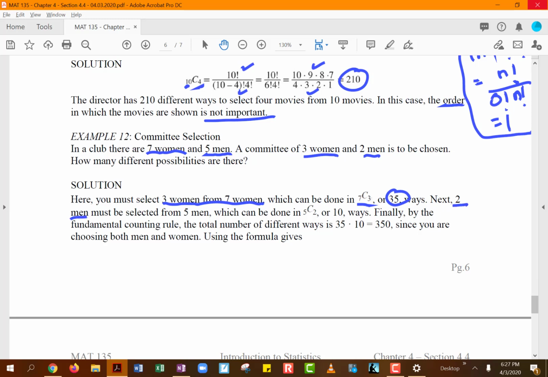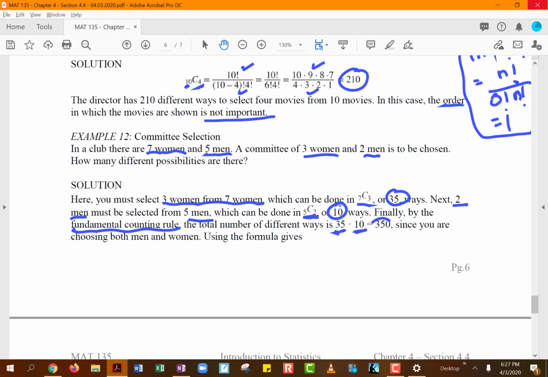So 35 ways in which we can choose the women, 10 ways in which we can choose the men. So now you have to bring those 2 answers together, and this is where we would bring in our fundamental counting rule again. So that means you're going to multiply 35 times 10, which will end up giving you a total of 350. So you could write it out like this.